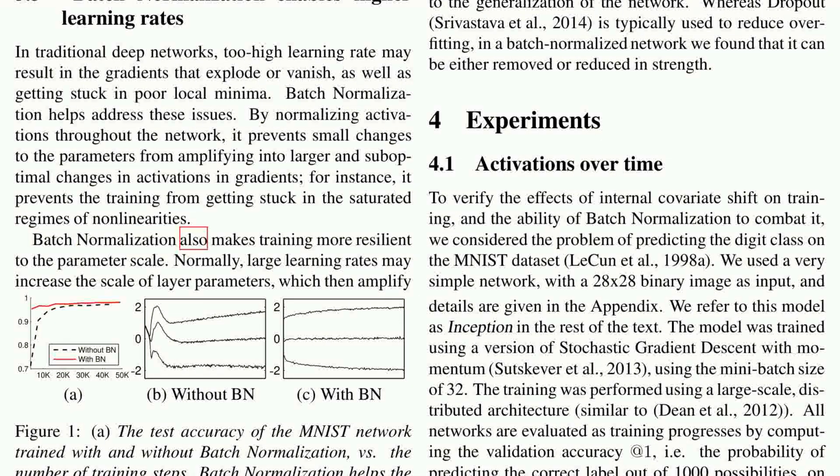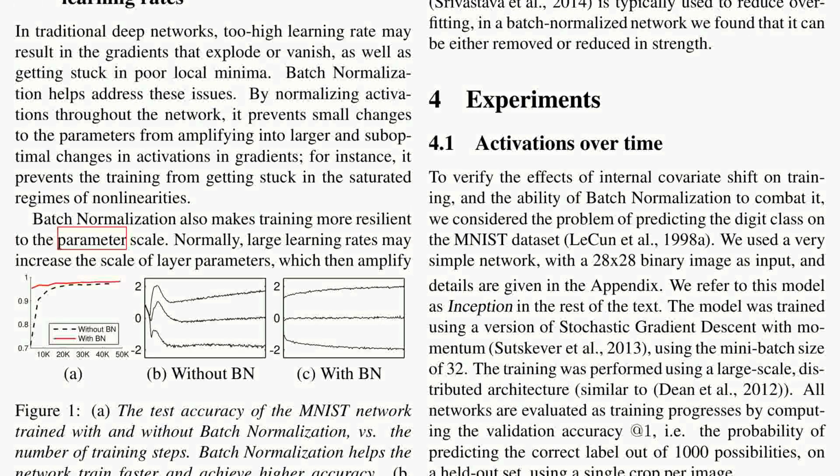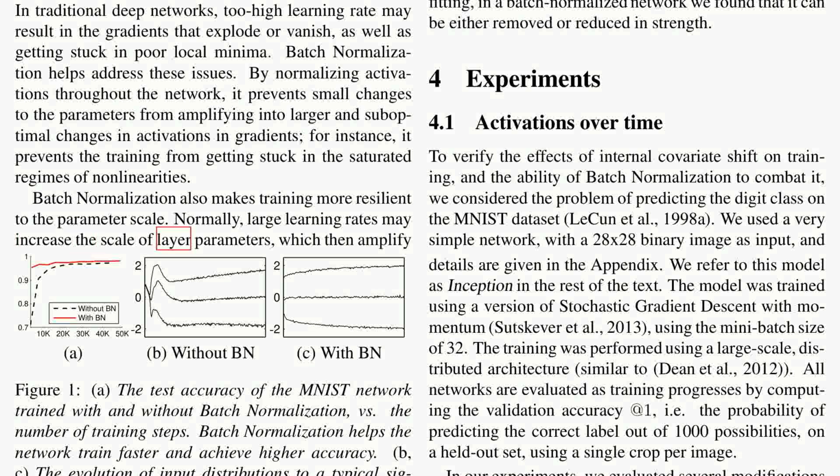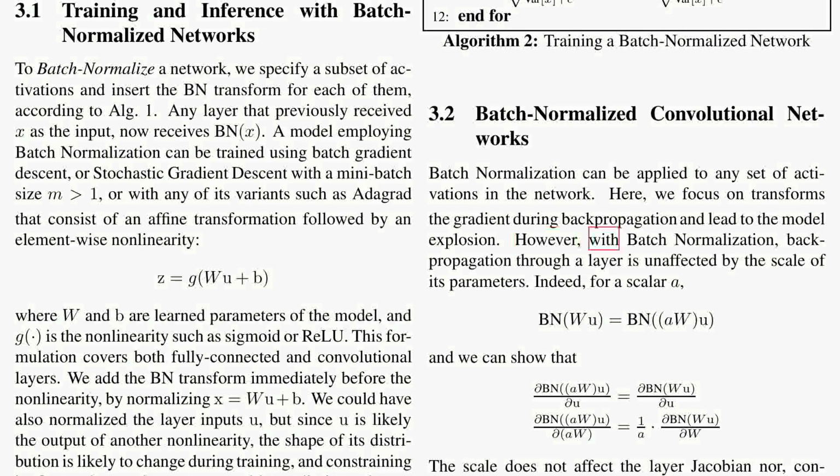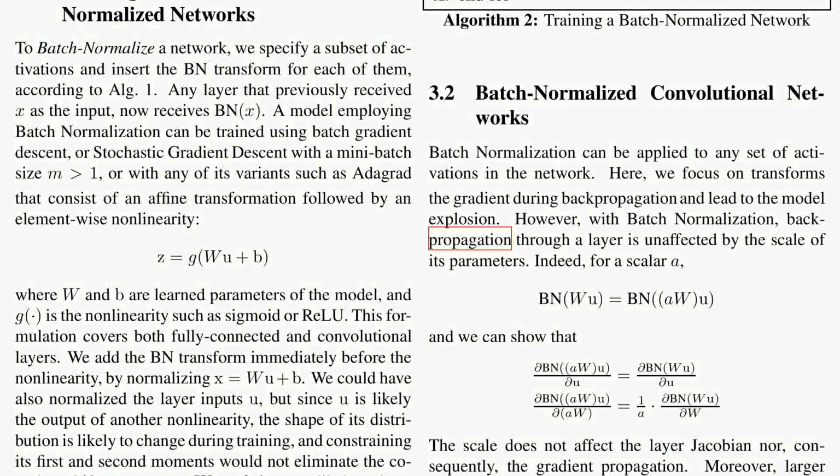Batch normalization also makes training more resilient to the parameter scale. Normally, large learning rates may increase the scale of layer parameters, which then amplify the gradient during backpropagation and lead to model explosion. However, with batch normalization, backpropagation through a layer is unaffected by the scale of its parameters.